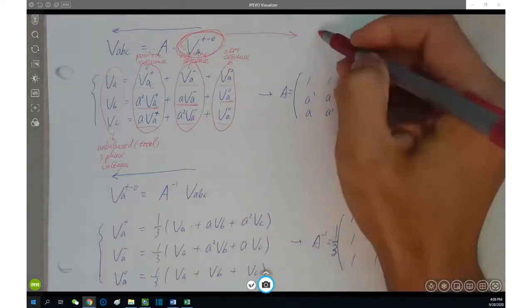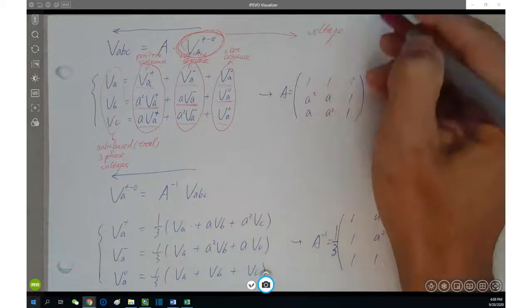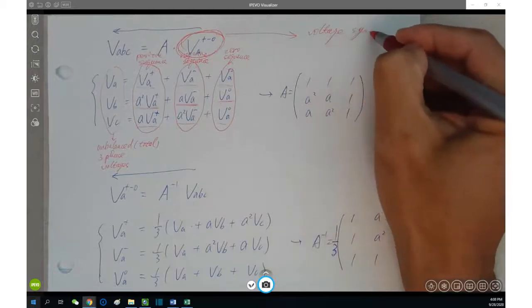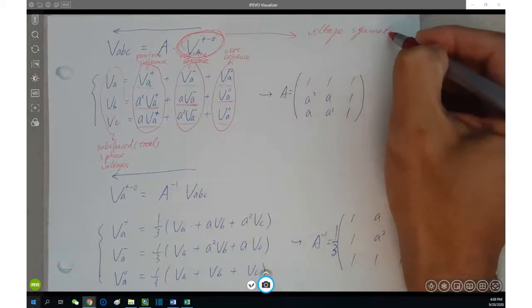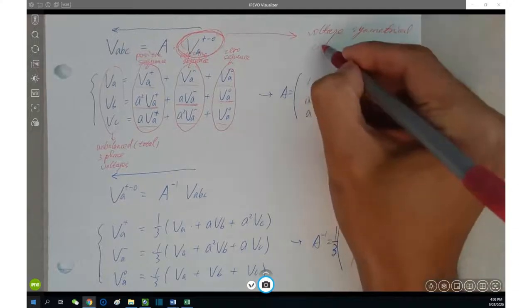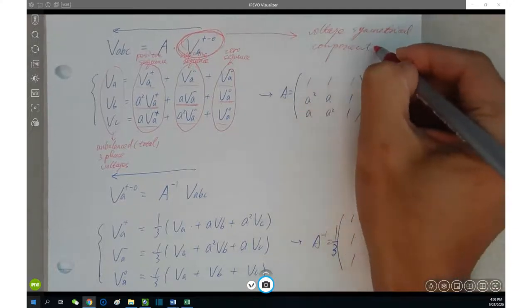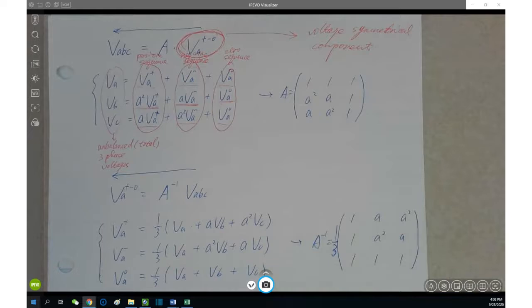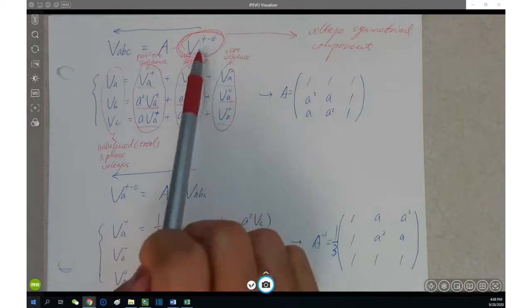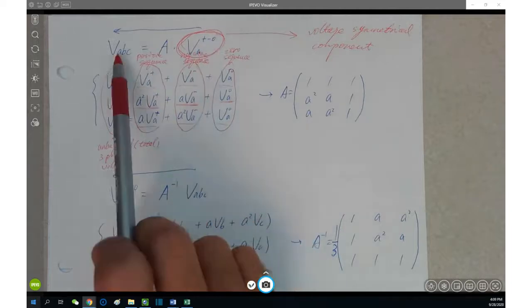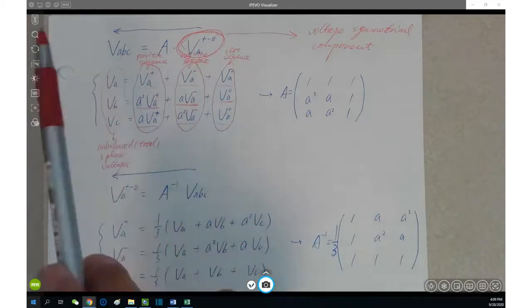This is nothing but voltage, what? Symmetrical component, right? Voltage symmetrical component. That's right. Daniel is right. Okay. So once again, given the symmetrical components, you're looking for the total three-phase unbalanced voltages.